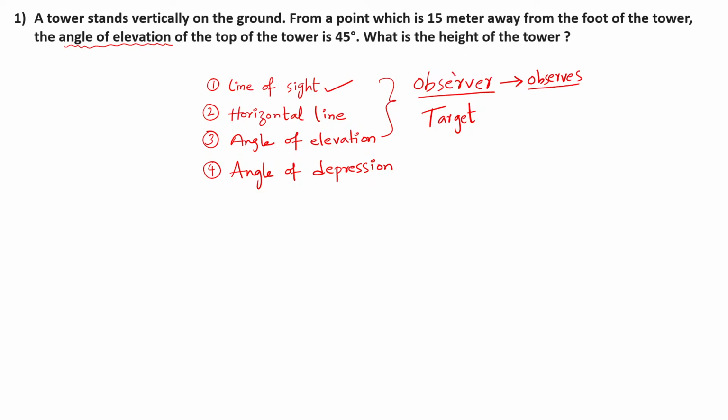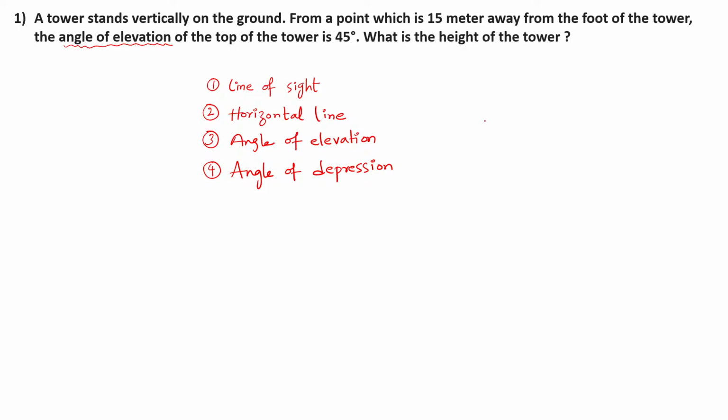The second one, target, is the destination, what the observer is investigating. So based upon this observer and the target, line of sight and all will come into picture. Now let us go to the line of sight.